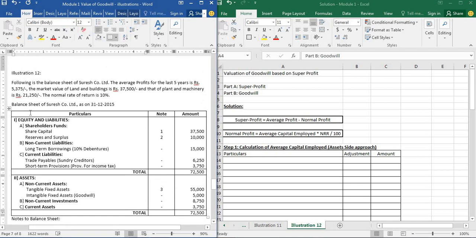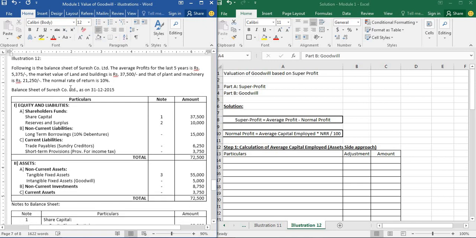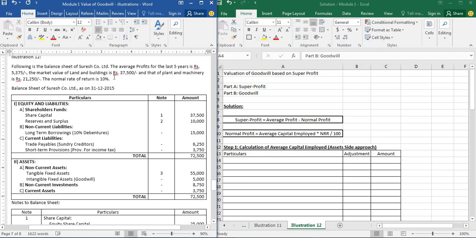Let me just read through the problem. Following is the balance sheet of Suresh Company Limited. The average profits for the last 5 years is rupees 5,375. The market value of land and buildings is 37,500 and that of plant and machinery is 21,250. The normal rate of return is 10%.